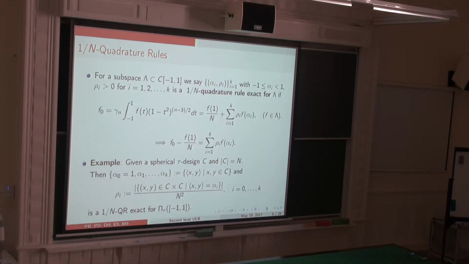That's what we are asking for. And if we have a spherical design, then we can use the inner products as the nodes, and rho i's are simply the densities of each inner product, how many times it's met within the possible distances. All right?